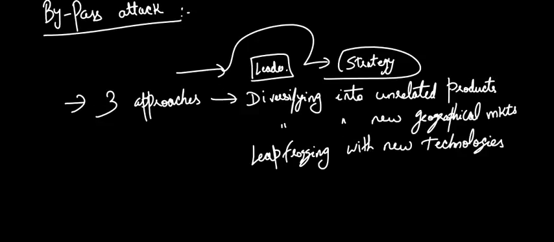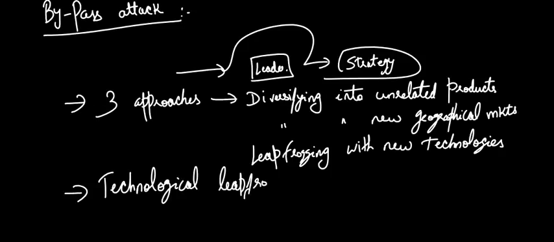What are these? This is used to supplant the existing product with the new product of the challenger, and many companies like Pepsi have used this strategy to bypass their competitors. And the most important thing here is technological leapfrogging. The technological leapfrogging is very important in the current situation, because this world is a technology world. Everything is run by technology.